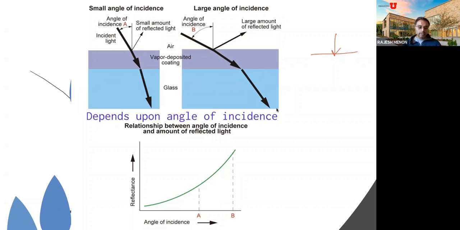At small angles of incidence, you might get a small amount of reflected light. Most of the light can go in. However, at large angles of incidence, even with a good anti-reflection coating, you can get a large amount of reflected light. This is a very hard problem to solve. People are still working on approaches to solve it. And this is an example curve that shows reflectance versus angle of incidence.